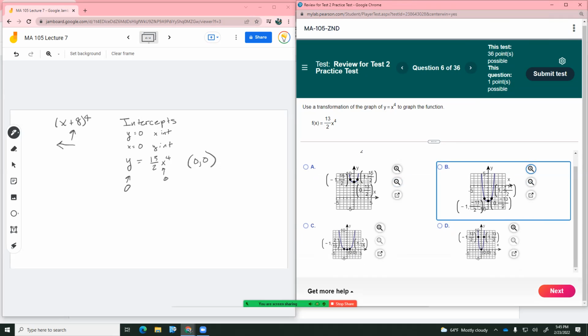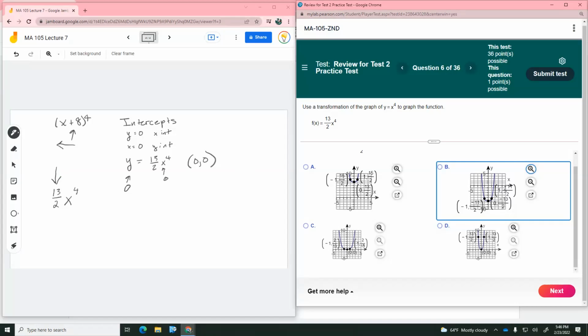And all of a sudden, I've got a 50-50 shot, even if I'm not 100% sure. Just by taking a look at that, I can tell. Now, to figure out which one it should be, think about it like this. You got 13 over 2 x to the 4th. 13 over 2, is this bigger than 1 or less than 1? Bigger than 1.